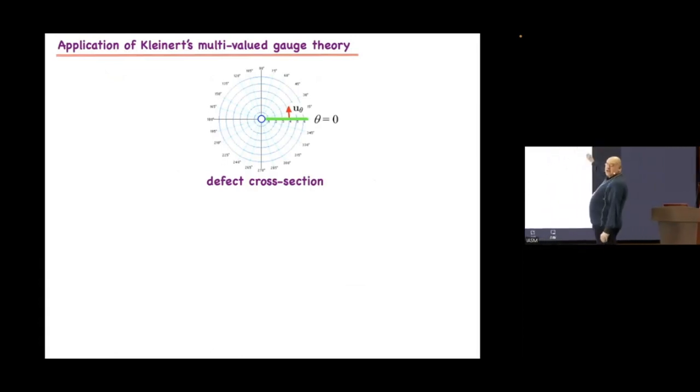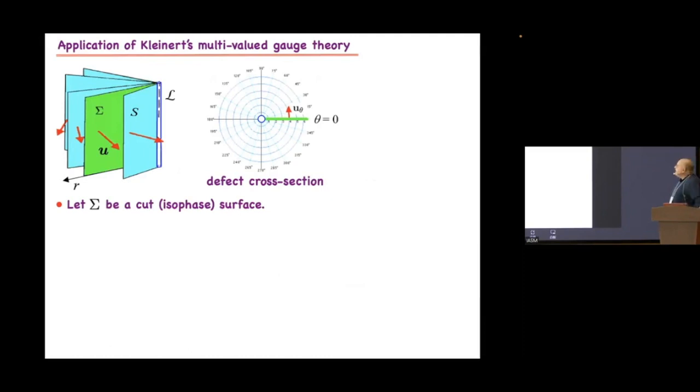So imagine that the green line is the Riemann cut that you allow to open and to simplify the space, and there you have your isophase surfaces in light blue, and the cut is represented by any one of these isophase surfaces in green. So I call this cut surface sigma, and imagine that this cut surface is any of your isophase surfaces foliating the space.